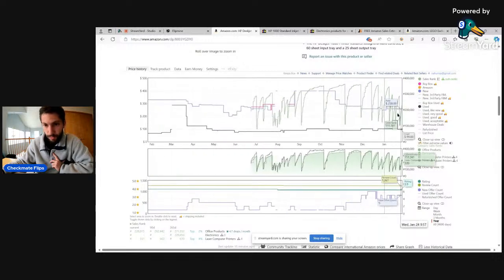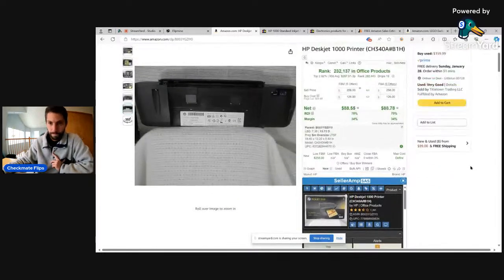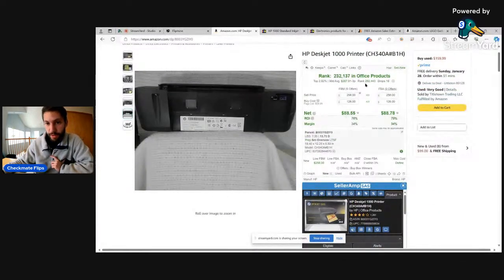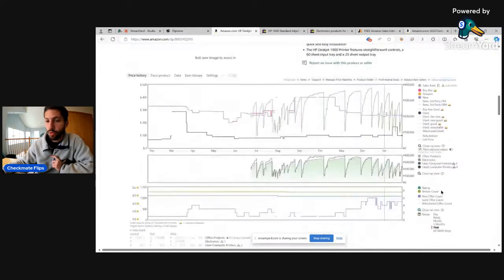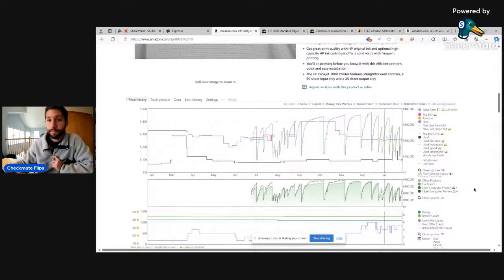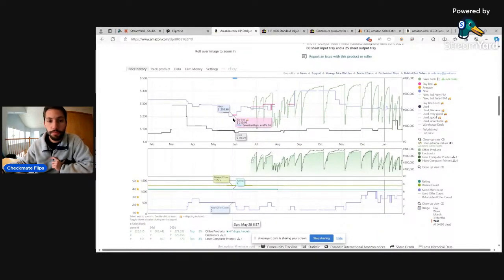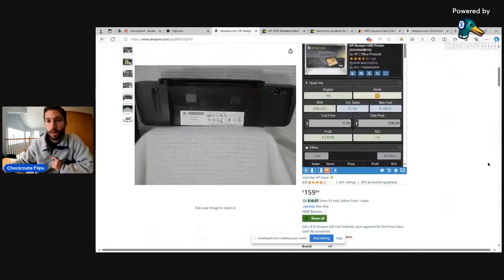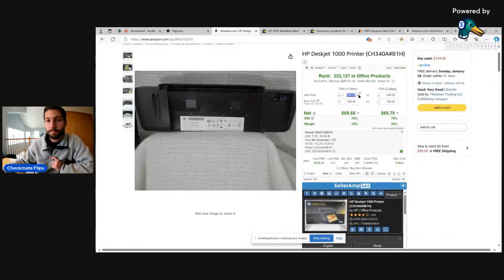But at 258, we are at $88 profit and 70% ROI if we were to hold out and sell at 258. You're still going to be at profitable numbers if you sell at this lowest price, 36% ROI.